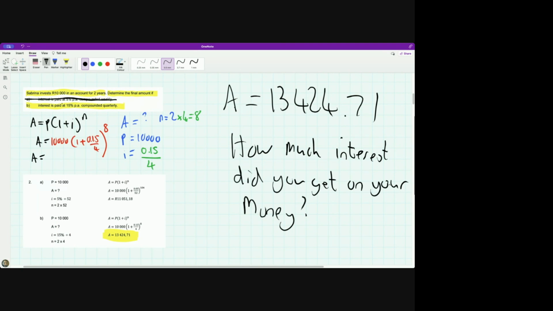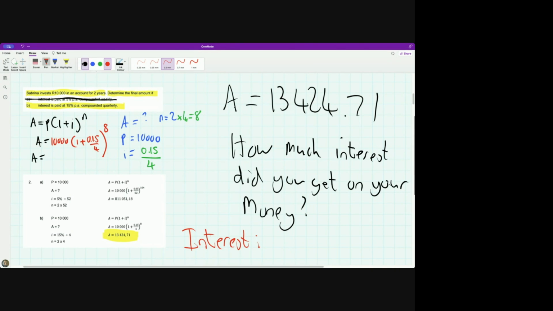So there was a situation going on. You started with a certain amount, you ended with a certain amount. How much interest did you make based on the situation you had going on with the bank here? See if you can work it out just by looking at the question.